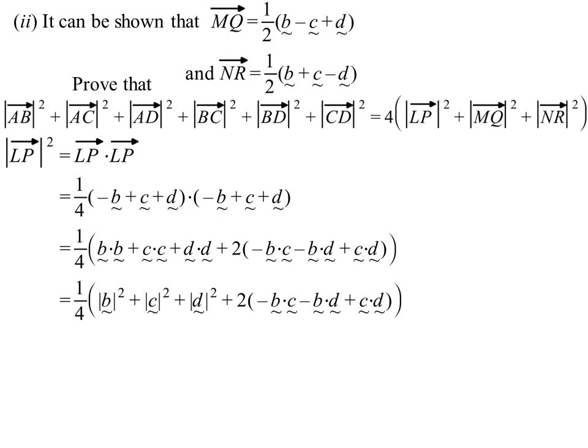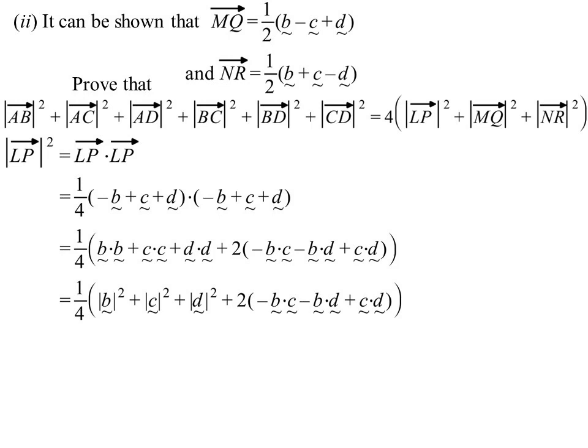So I've got a quarter of. Now I expand the whole thing out. But remember, when I'm expanding, it's actually the dot product I'm doing, not multiplication. So negative b dot negative b would be b dot b, which I know is the magnitude of b squared. And similarly, I get my c dot c, which is the magnitude of c squared, and d dot d, which is the magnitude of d squared.